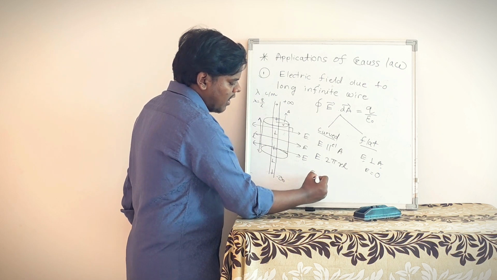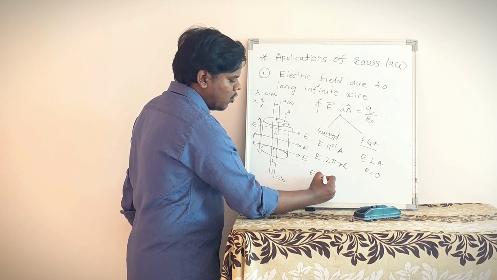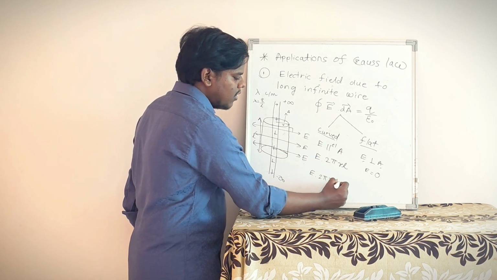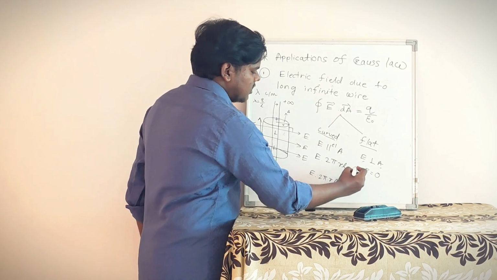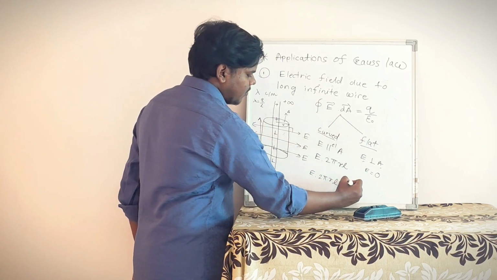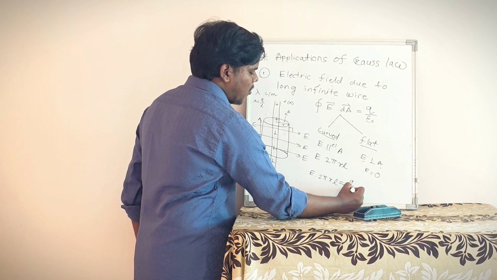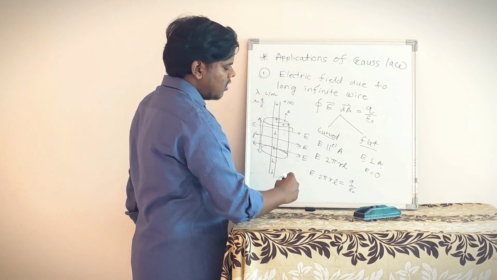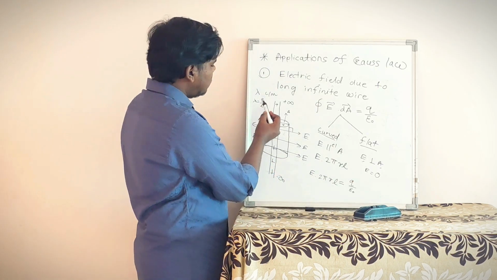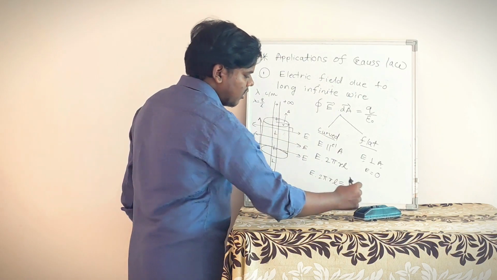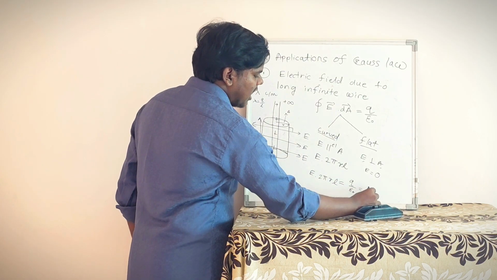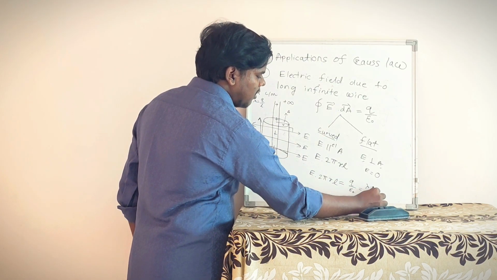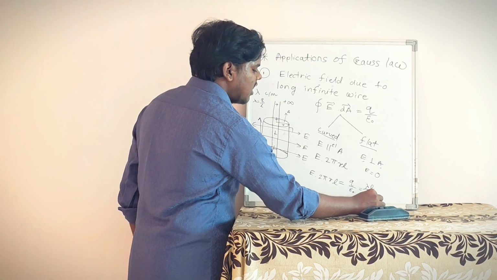So now we have E times 2 pi r L equals the charge inside upon epsilon naught. Here the charge means lambda times L, where lambda is the linear charge distribution, so that will be lambda L by epsilon naught.